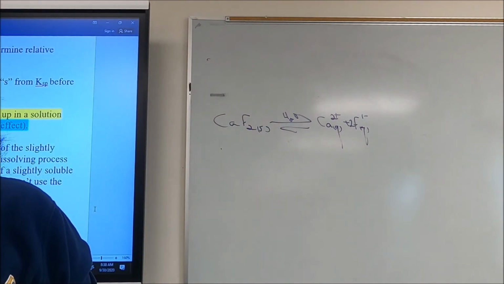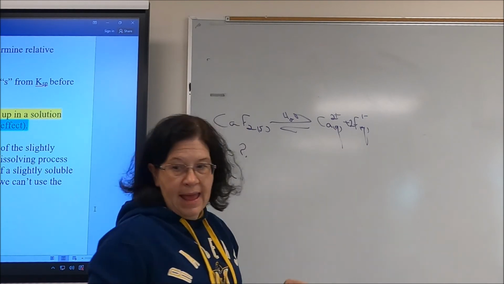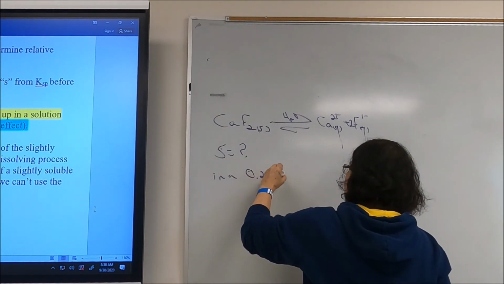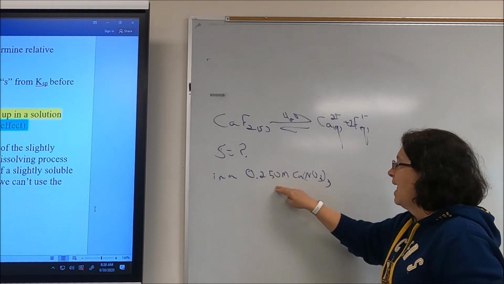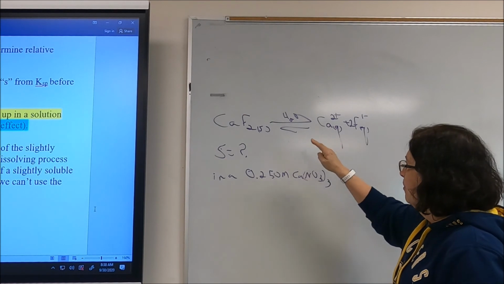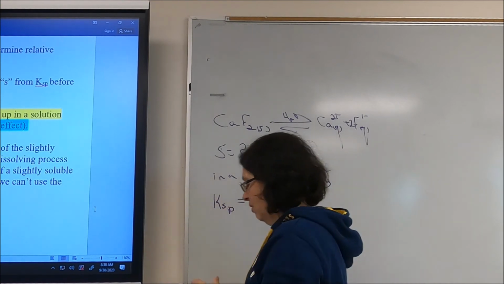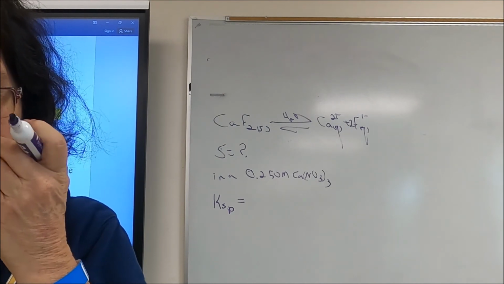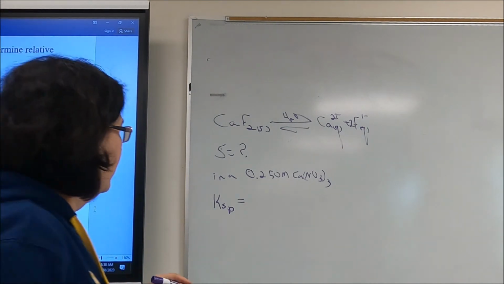And it says we're trying to find the molar solubility S in a 0.250 molar calcium nitrate solution. So I already have calcium nitrate dissolved in there, and I'm trying to dissolve calcium fluoride. The KSP for calcium fluoride, your book gives you in a table. Okay, the table is on page 770. Calcium fluoride's KSP is 1.46 times 10 to the minus 10.